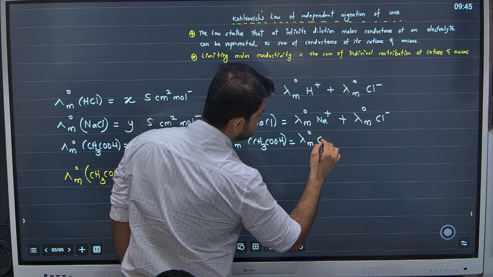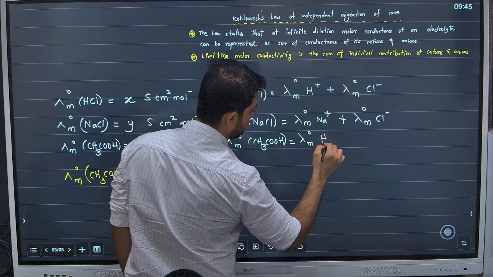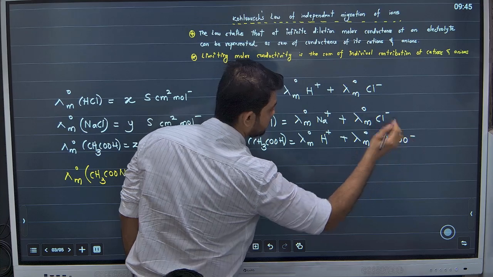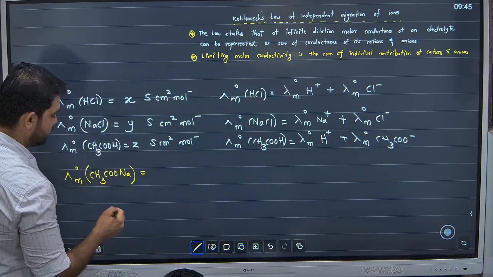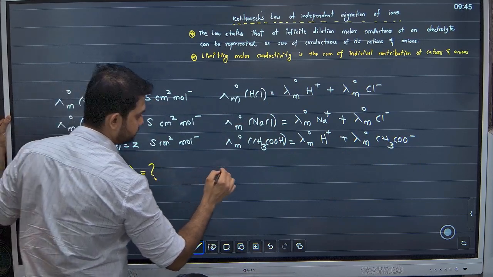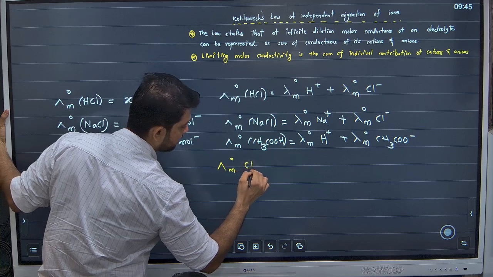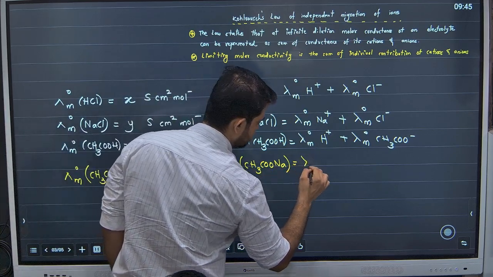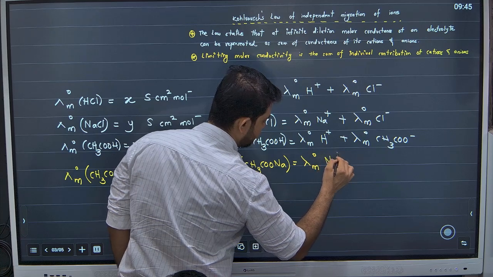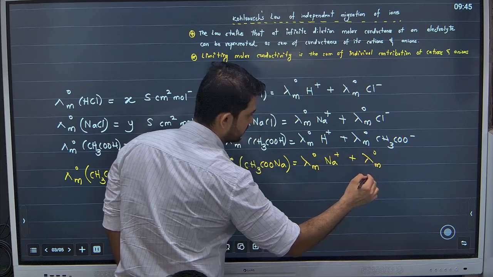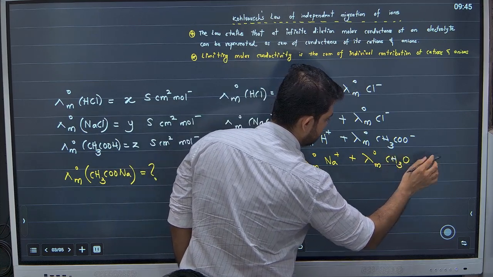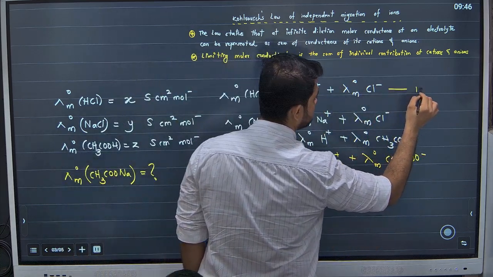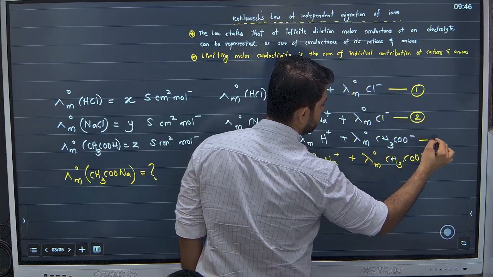Lambda m naught H plus lambda m naught CH3COO minus. And what will the expression be for lambda m naught CH3COONa? Lambda m naught CH3COONa will be lambda m naught Na plus lambda m naught CH3COO minus.